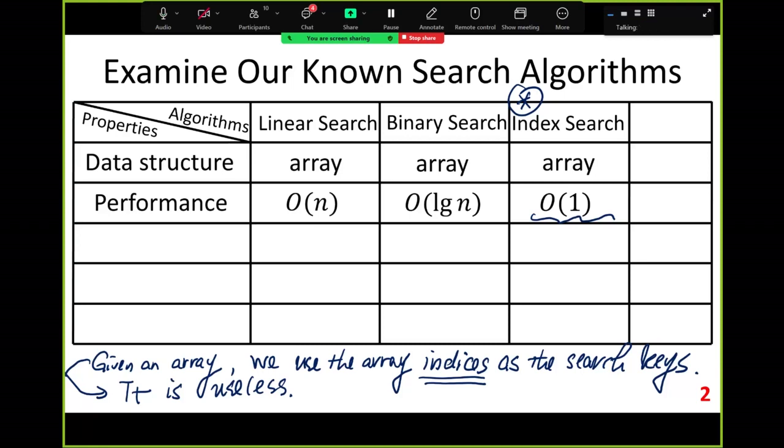But even if it is useless, why do I put it here? Because it gives us inspiration for this hashing technique. The reason it's important is we get inspiration from this useless algorithm, and we improve it. Then we get an extremely important, fast, very useful hashing technique in the real world from this useless one.